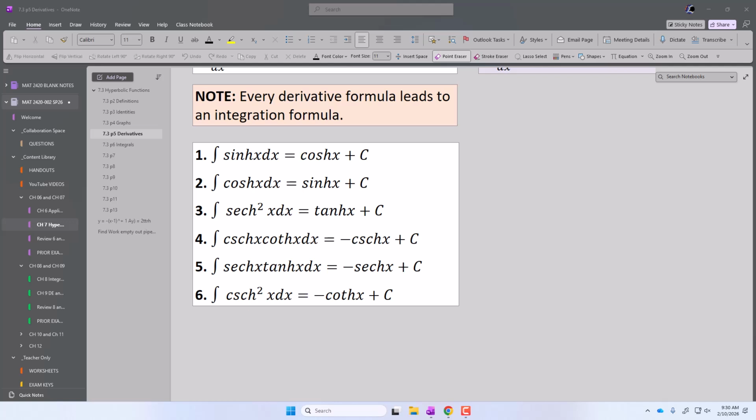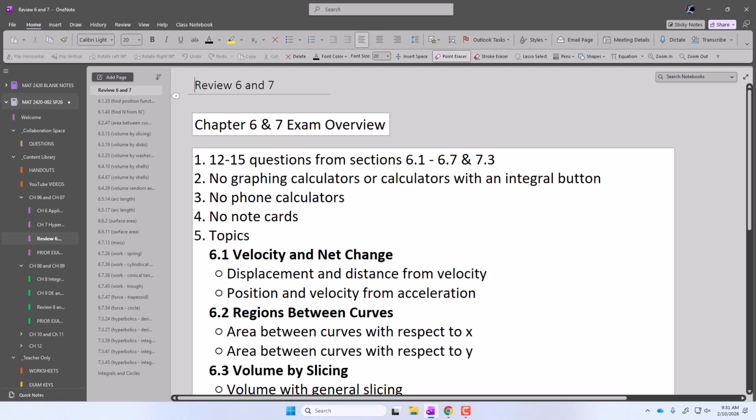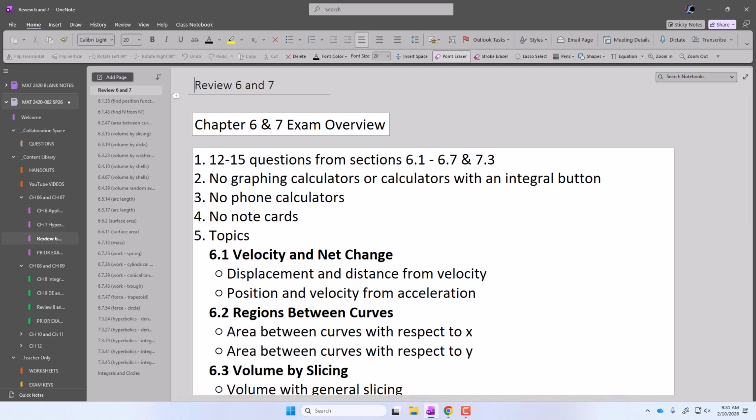Okay, so anything lingering from homework or quizzes before we start doing formal review for the exam that's on Thursday? So the exam, if you look up here in our review section, here's an overview. You can bring a calculator that's not a graphing calculator and that doesn't have an integral button. So you can't use those cool TI-36s that have the integral button.